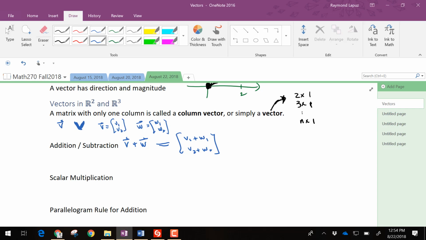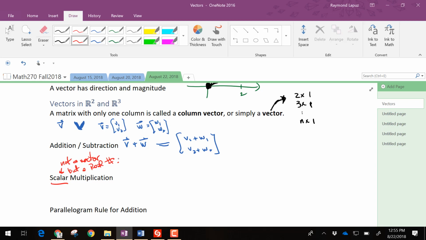By the way, if something is not a vector, we tend to call it a scalar. So any real number that we're going to deal with, we're going to call a scalar, just to give it a name.